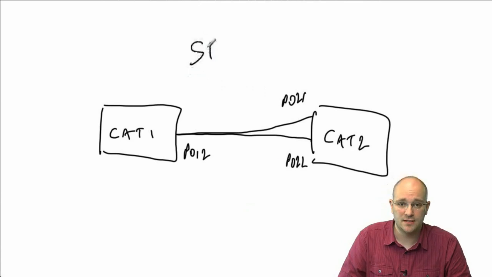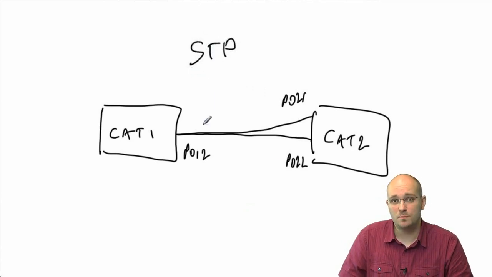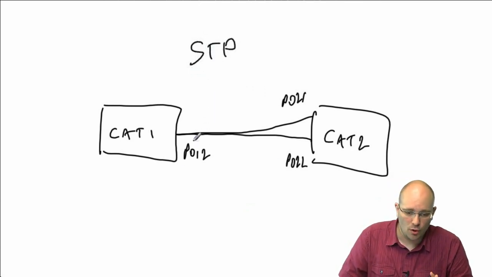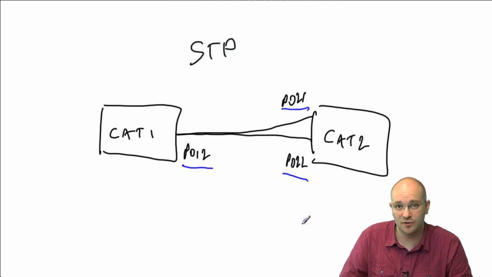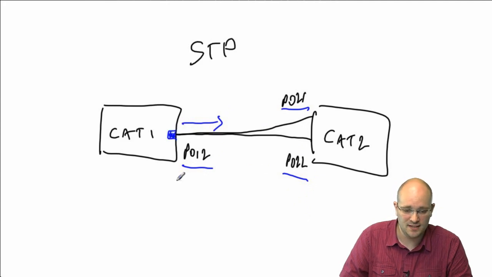It's called spanning tree. With spanning tree BPDUs, when we are sending them, port channels are perceived as logical interfaces. That means that cat1 will be sending one set of spanning tree BPDUs sent from this logical interface, from the MAC address of this interface.